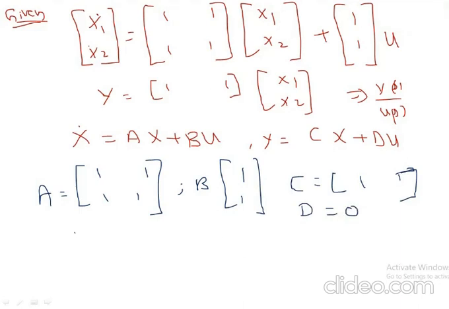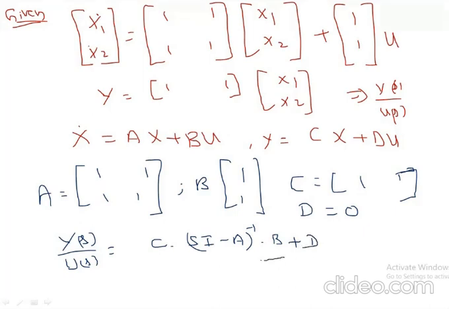Now the formula for finding the transfer function is given by Y of s is equal to C into sI minus A whole inverse into B plus D. As D is 0, we only need the first part.